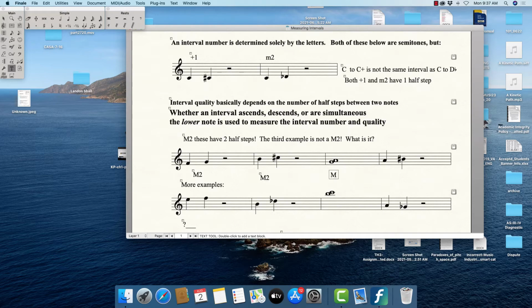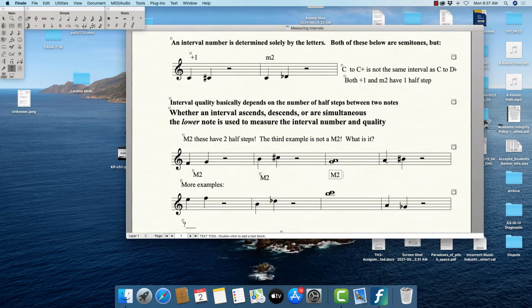Now this third one is not a major second. Let's listen to the difference here. Okay, that is not a major second. Doesn't sound like this one. See? Now, what is it? Well, it's some type of second, okay? But let's see.